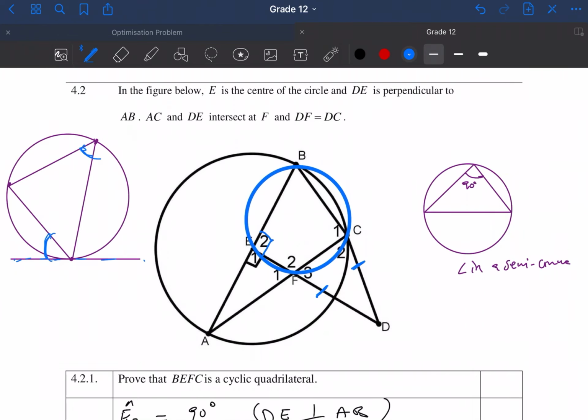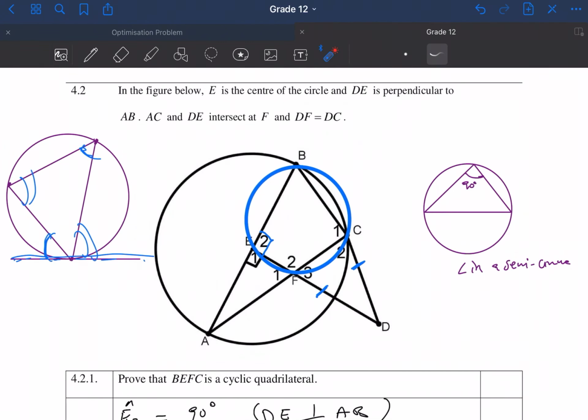Also, if you can prove that this is equal to that, therefore this is a tangent. An angle between the tangent and the chord is equal to the opposite interior angle.